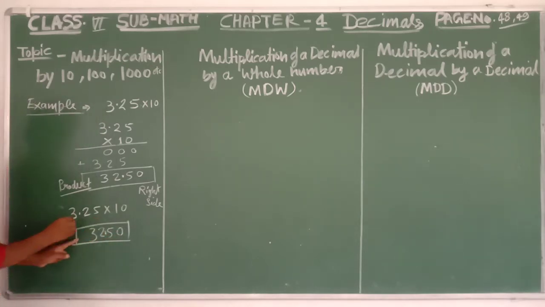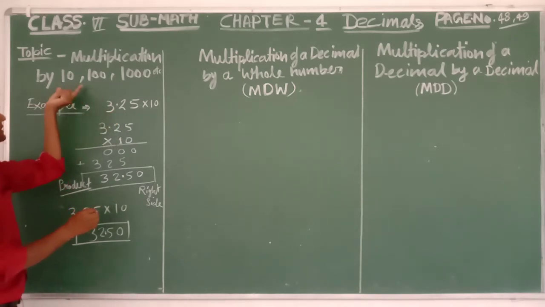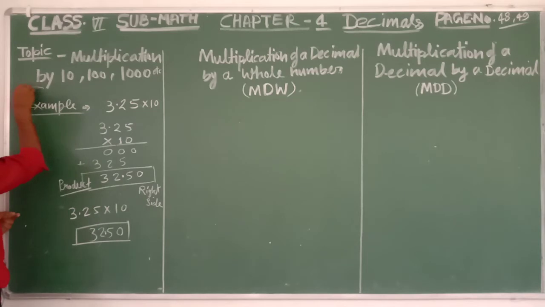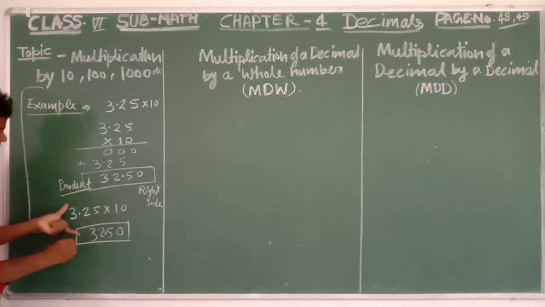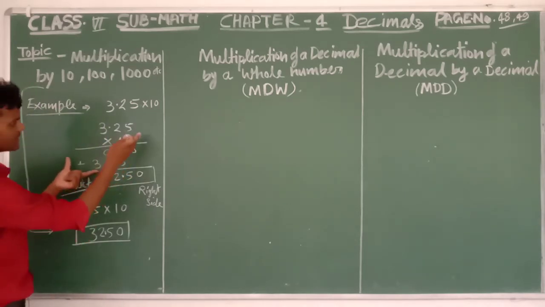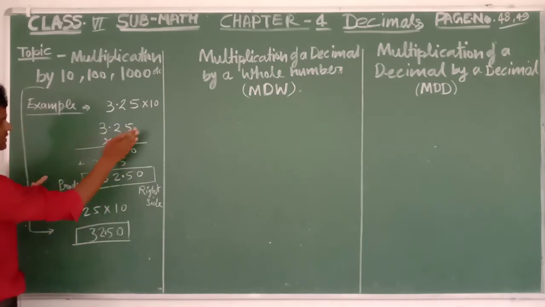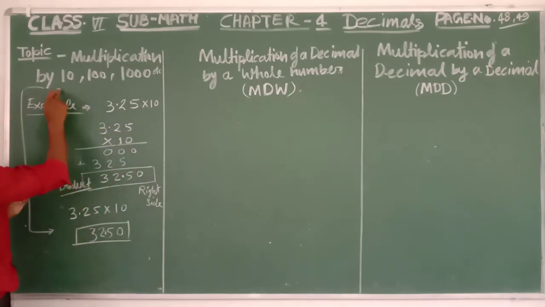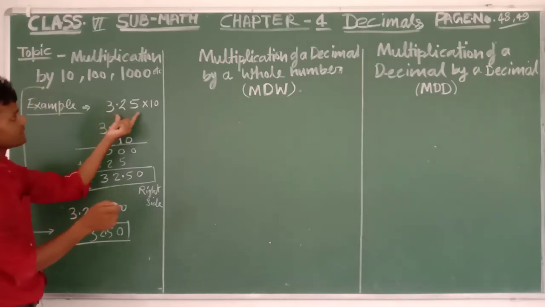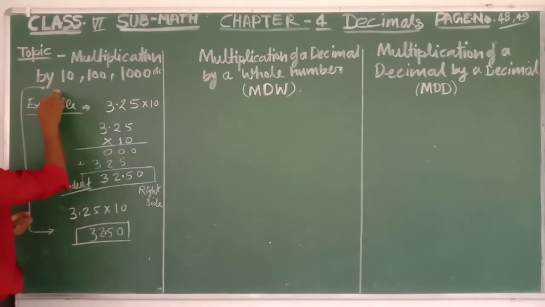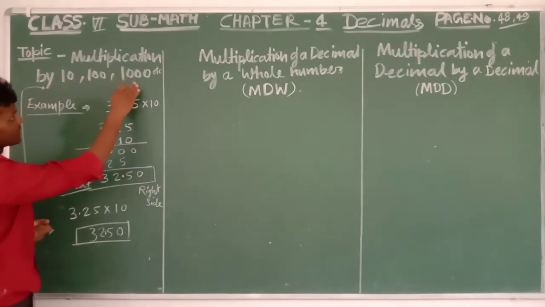That is very easy. Now we learn these types. You can follow these rules in every class. There is a long way, but technically you can find the decimal point in under 1 minute if you multiply 10, 100, 1000.